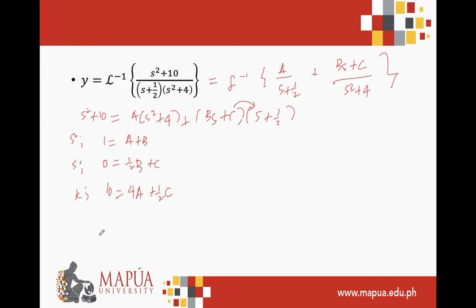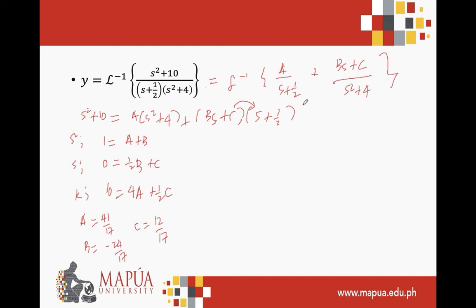Using your calculator, your a here is 41 over 17, b is negative 24 over 17, and c is 12 over 17.